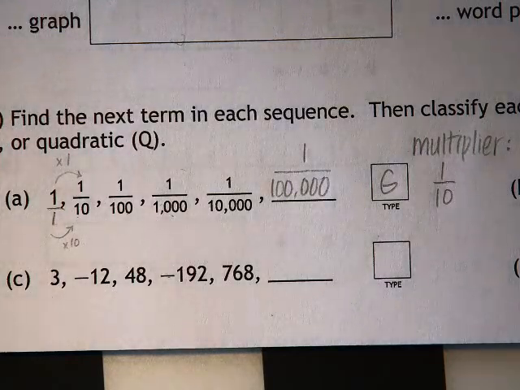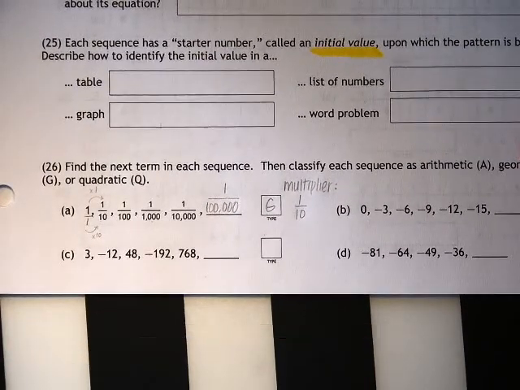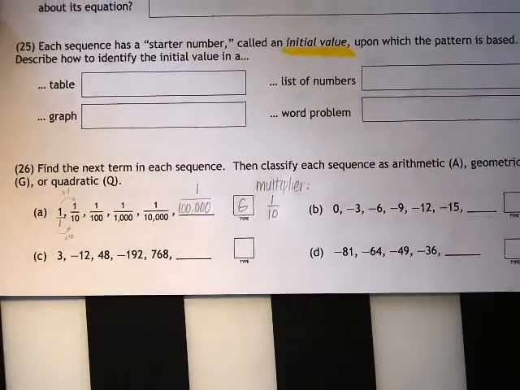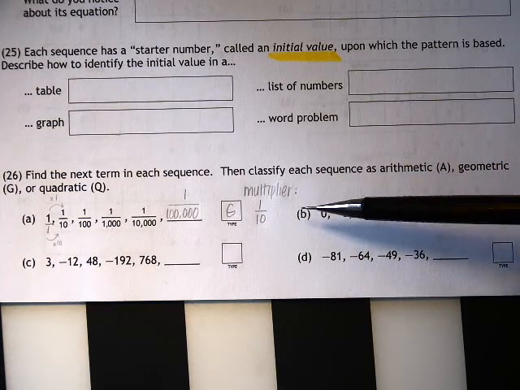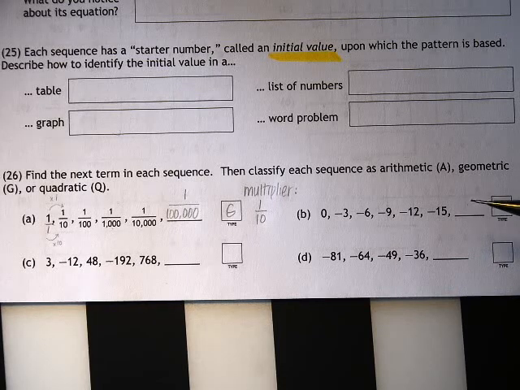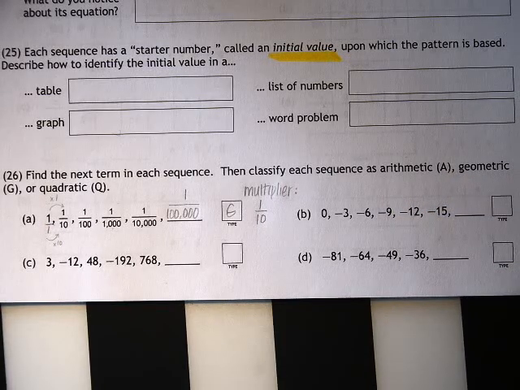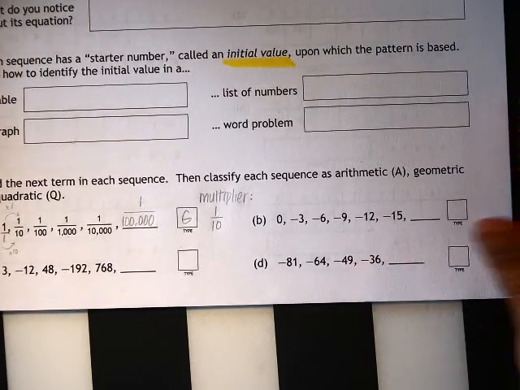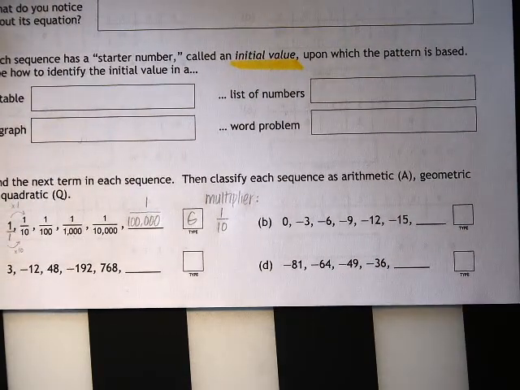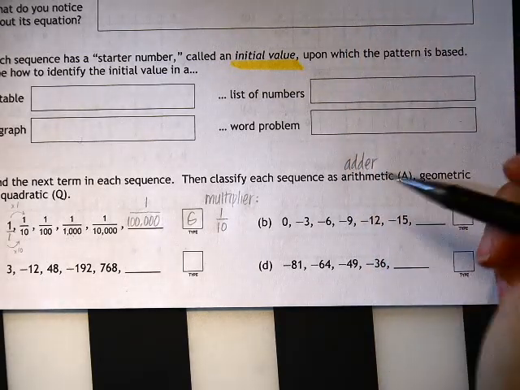If something is arithmetic, namely that it has an adding or a subtracting pattern, then it won't have a multiplier. A multiplier is named fairly obviously because it involves multiplying. If you have an arithmetic sequence, we generally refer to its pattern-generating number as a common difference. But for the sake of vocabulary and symmetry, I actually like to call it an adder. So if you have an arithmetic sequence, see if you can identify its adder.